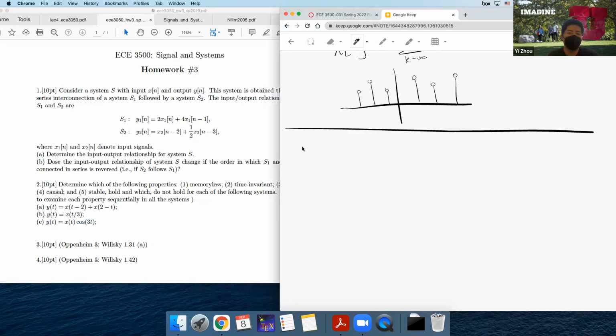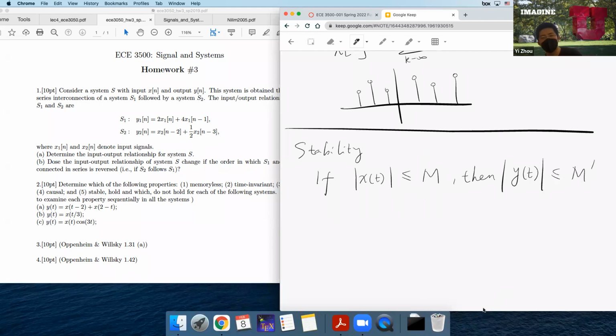Now, stability means that if the input signal x(t) is universally bounded by a constant M, I mean the magnitude, to be precise, the magnitude of the input complex signal is bounded by constant M for all t, then we need to show that y(t) is also universally bounded by another constant M prime.